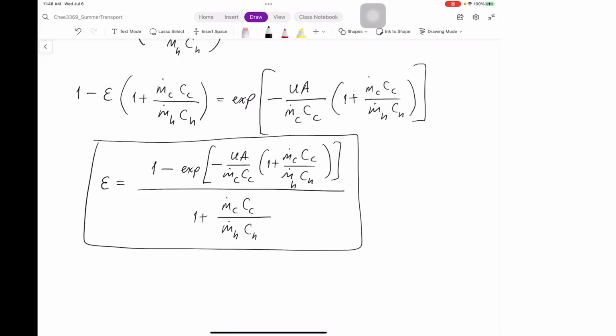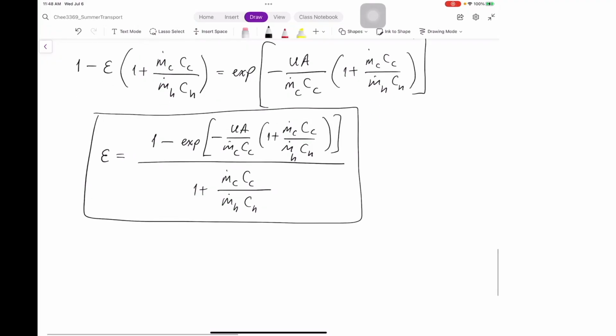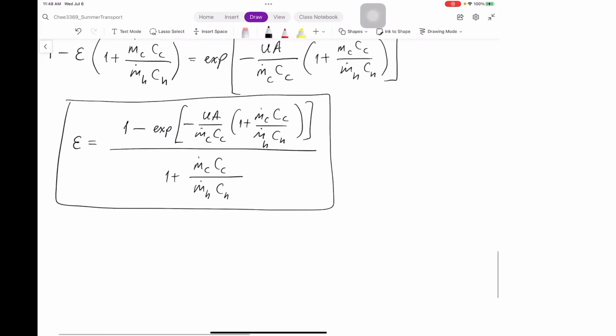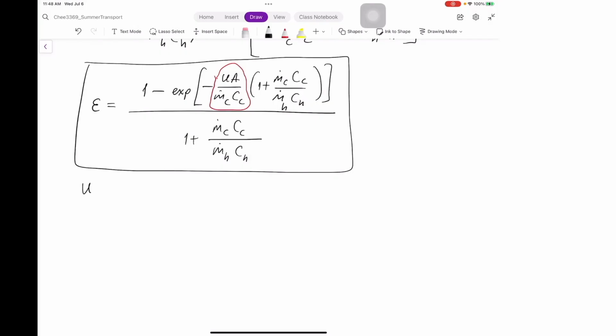Okay, and there is another quantity here, which is this thing. Let's give it a name. UA divided by m dot C_C, or for this one, since we picked the m dot C_C is the lowest of all, you can call it UA over m dot C for the minimum value of that.